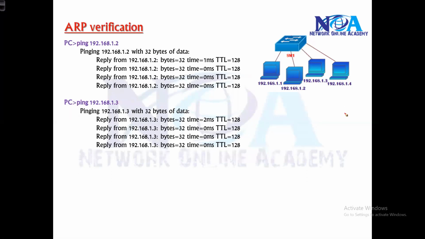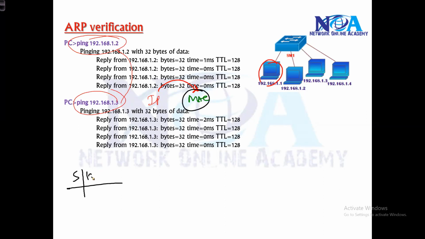So at the back end, even though we are sending the information in the form of IP, the switches or the PC will resolve the MAC address. When we are sending the information, the source address is 192.168.1.1 and the destination is 192.168.1.2. This is what we see. But at the back end, there is a protocol called ARP.